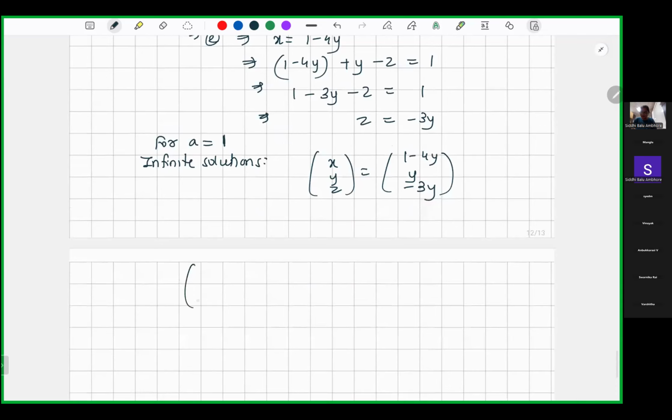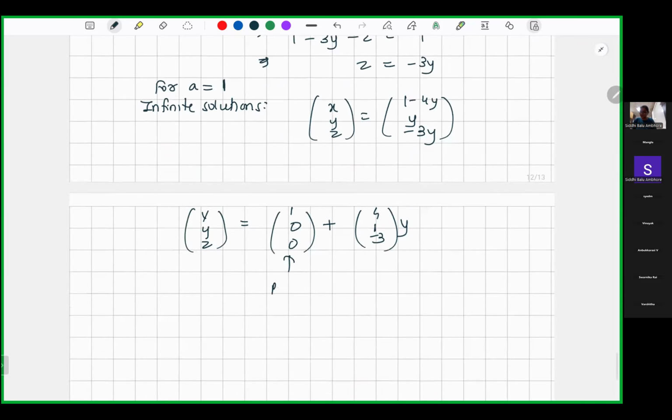And note that if I try to separate it here, it is 1, 0, 0 plus y times 4, 1, minus 3. This is a particular solution of this system.